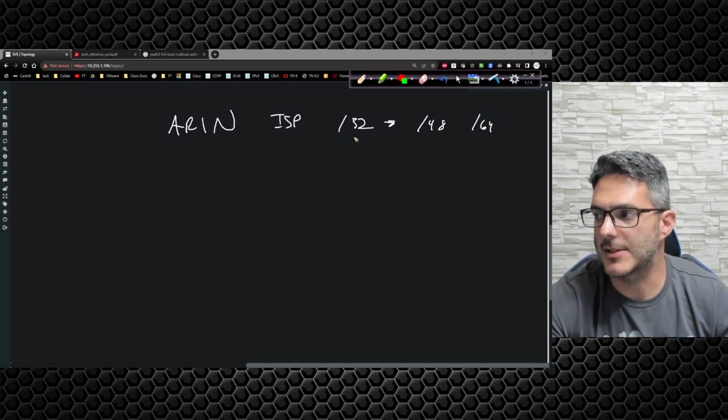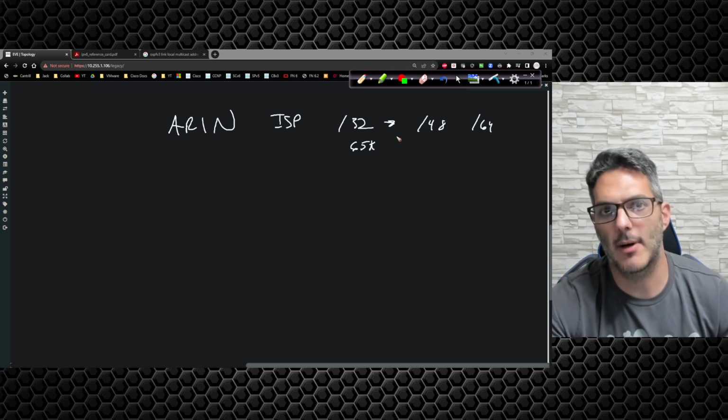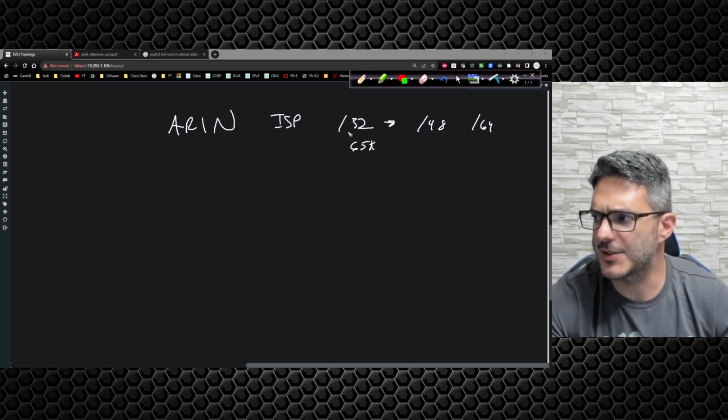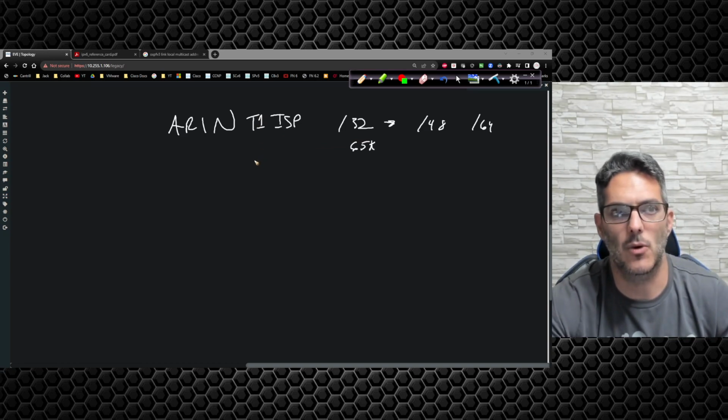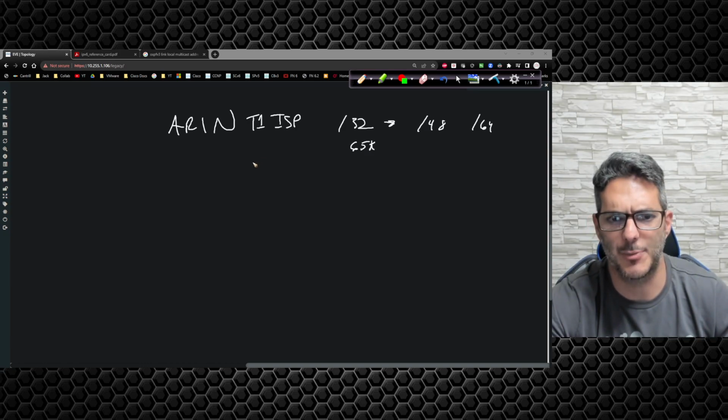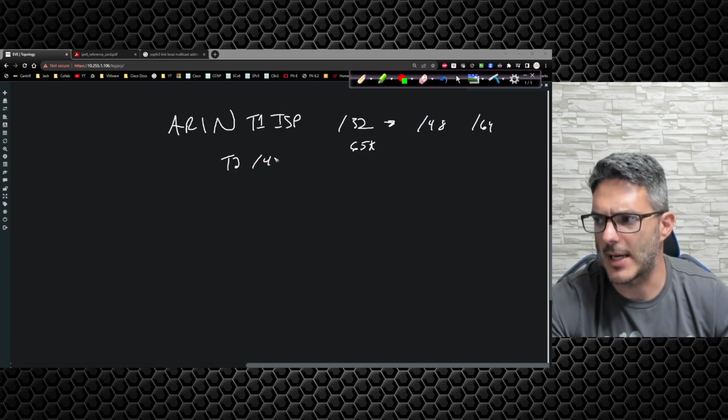So you might get 65,000 /48s. And what's cool about that is, because they have such a large address space, if they are a tier 1 ISP, like an AT&T or a Level 3, I'm not sure who else besides AT&T is a tier 1 ISP, they'll be able to hand out to a tier 2 ISP a /48.